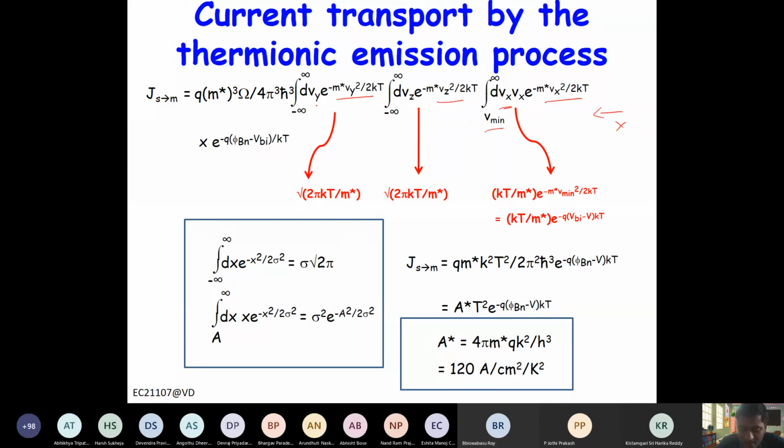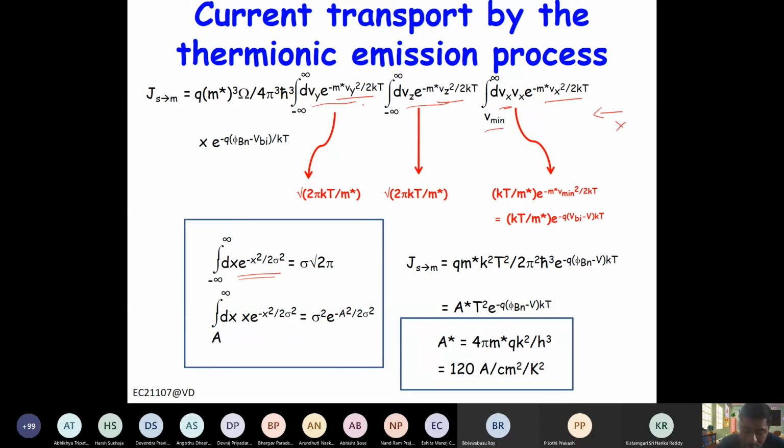Then these are fairly well-known integrals. e to the power minus x square has integral root pi, right? And if it is 2 sigma square here, then this becomes sigma root 2 pi, basically the square root of this denominator.